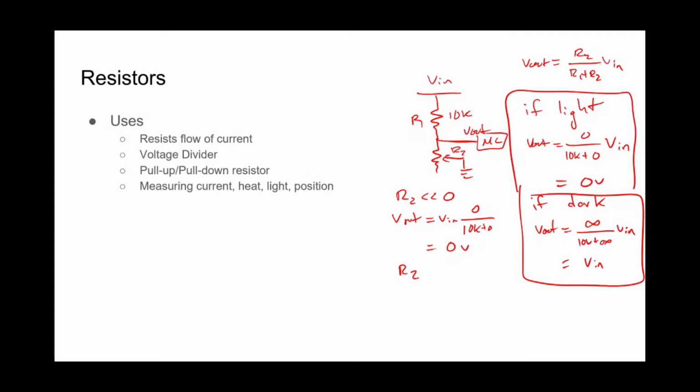However, if R2 is very large, then V out would equal Vn times, let's say it's a 10k ohm pot, 10k over 10k plus 10k, and that would give us 1/2 of Vn.